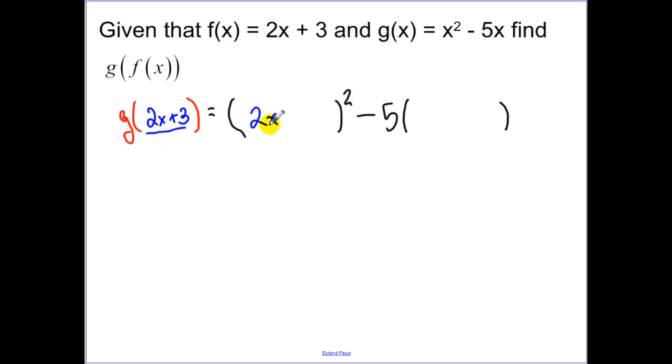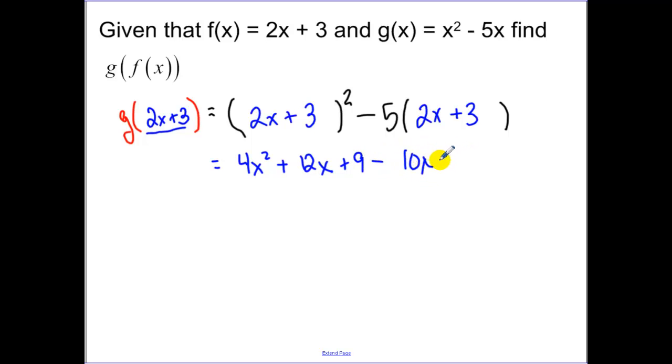So this is (2x plus 3) squared minus 5 times (2x plus 3). Now we just need to simplify. So I have 4x squared plus 12x plus 9, and then after distributing and combining, we get 4x squared plus 2x minus 4.